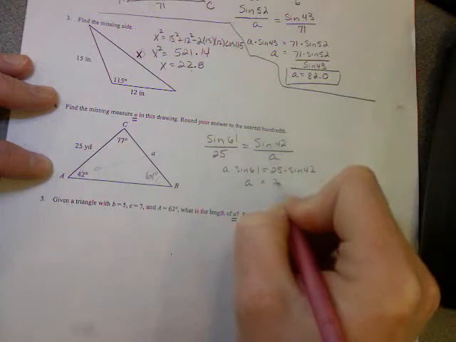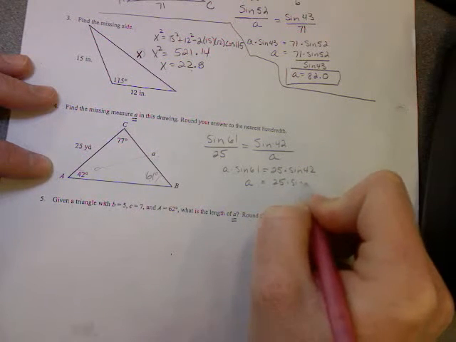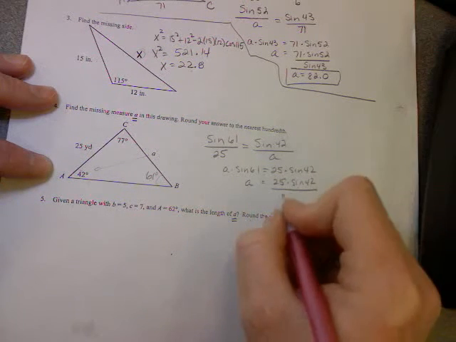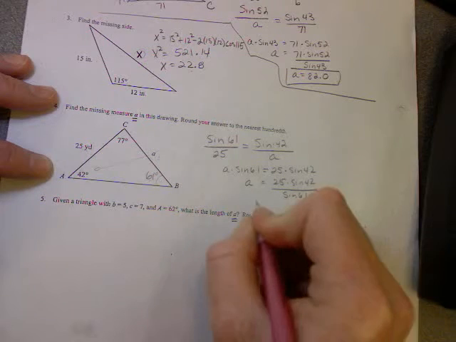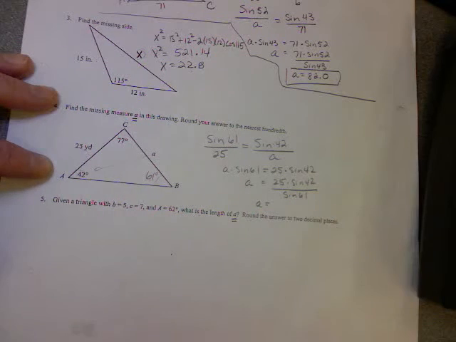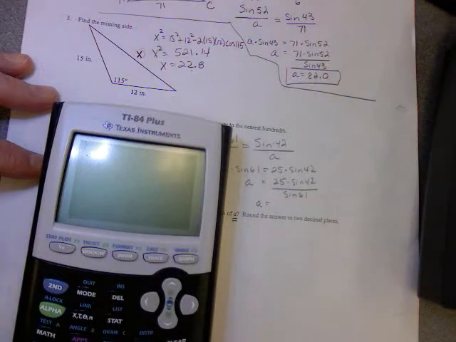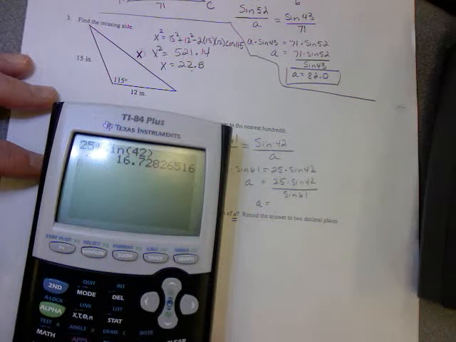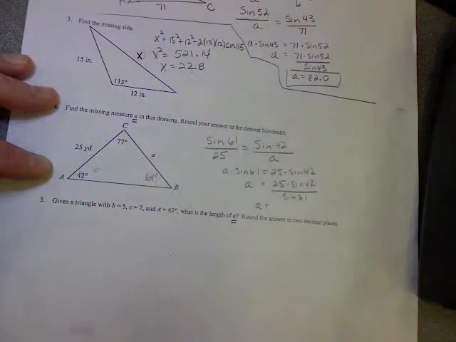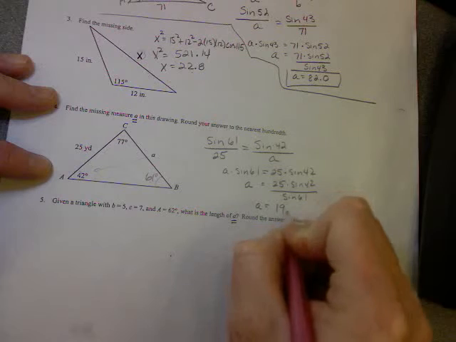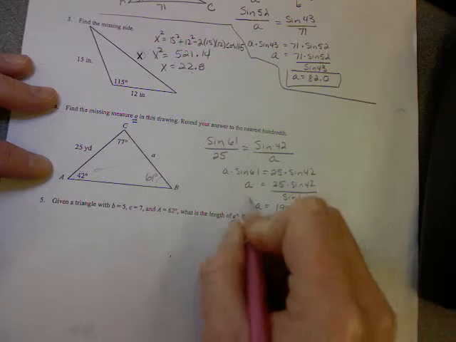And then A is 25 times the sine of 42 divided by the sine of 61. So we can just put that in the calculator. 25 times the sine of 42, equals, divided by sine of 61, equals 19.1. And that's yards.